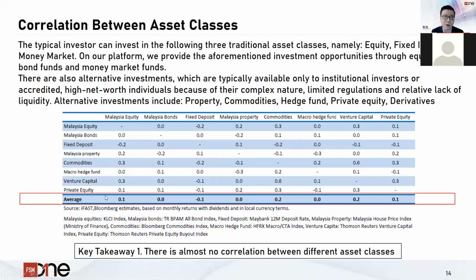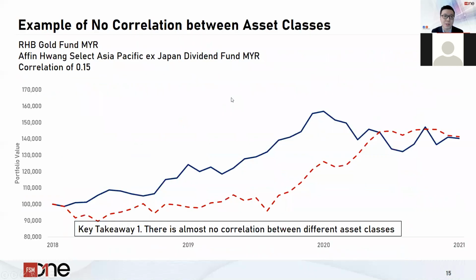You can see most of the asset classes are close to 0. That means there is almost no correlation between asset classes. So the key takeaway from this analysis is there's almost no correlation between different asset classes. So remember this, because we will use this later on in our examples. Between different asset classes, there's no correlation.